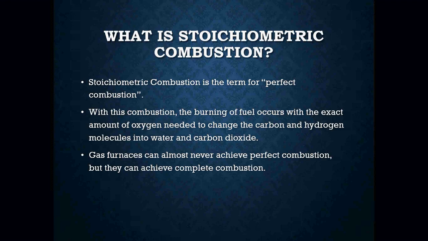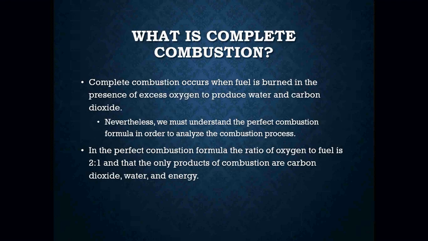Gas furnaces can almost never achieve perfect combustion, but they can achieve complete combustion or practical combustion. Complete combustion is going to occur when fuel is burning in the presence of excess oxygen to produce water and carbon dioxide.